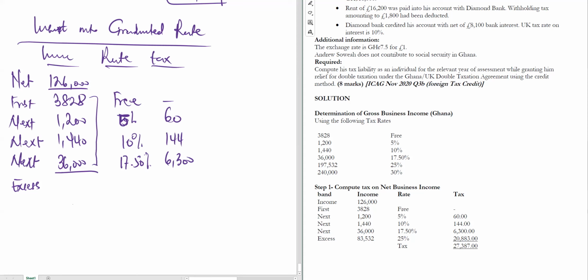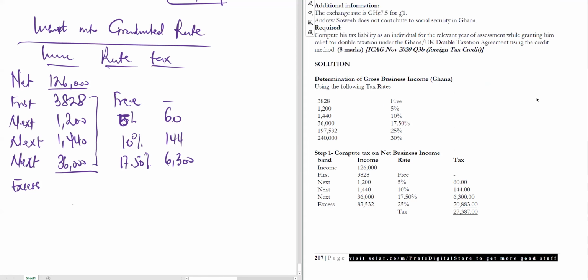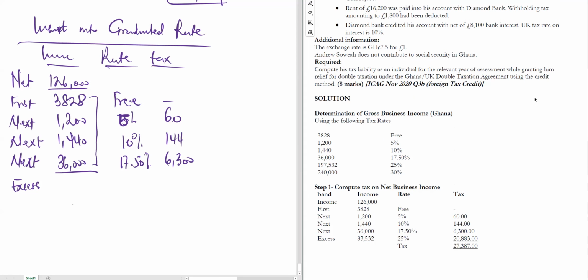And subtract it from the 126,000. So what's the excess? 83,532. This will be taxed at 25%, right? And that gives us 20,883. Oh, it's a round figure.